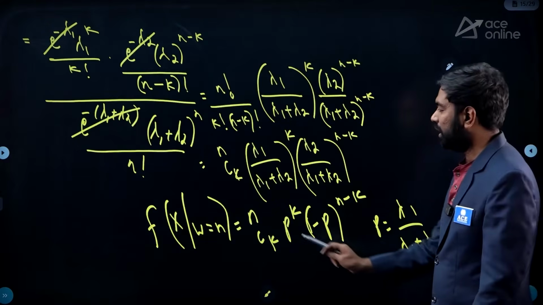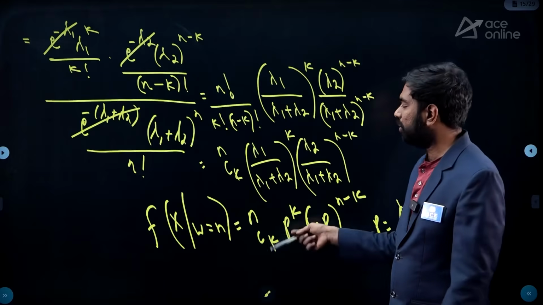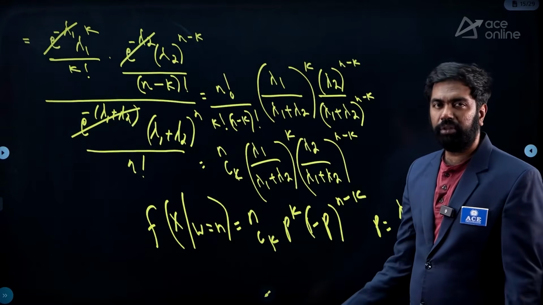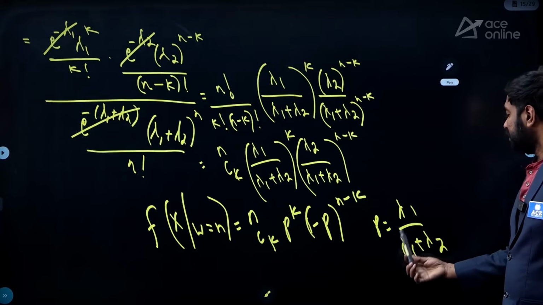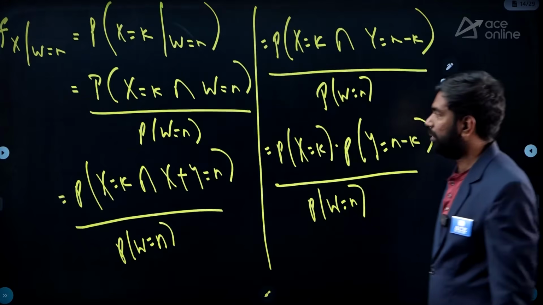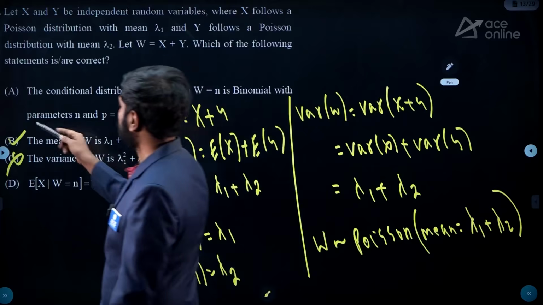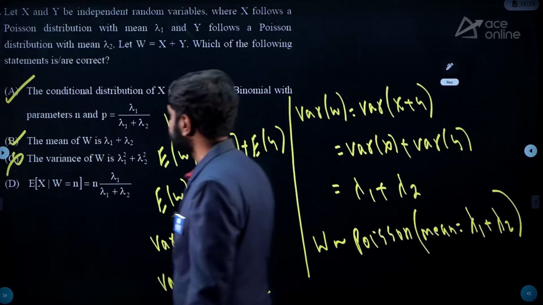So this is clearly the conditional PMF is now behaving like a binomial random variable, students. What random variable? Binomial random variable with parameters n comma p, which is equal to lambda 1 by lambda 1 plus lambda 2. So that is what they are saying in option A, which is true.